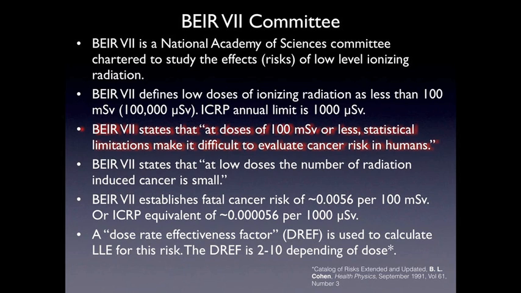And that simply means that when we use the numbers from current science and attempt to extrapolate those numbers to doses below 100 millisieverts, it becomes impossible for the statistics to tell us the actual risk of cancer for human beings.